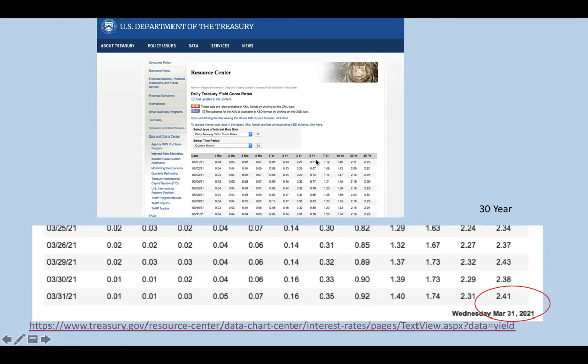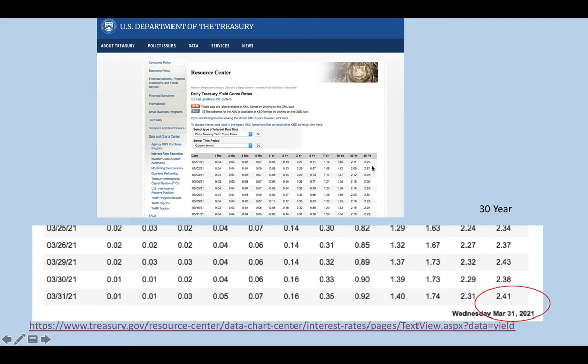They have about 12 different maturity dates: 1 month, 2 months, 3 months, 6 months, 1 year, 2 years, 3 years, 5 years, 7 years, 10 years, 20 years. If you make any investment, you should compare your investment returns to this yield, to see if you are in a good investment.